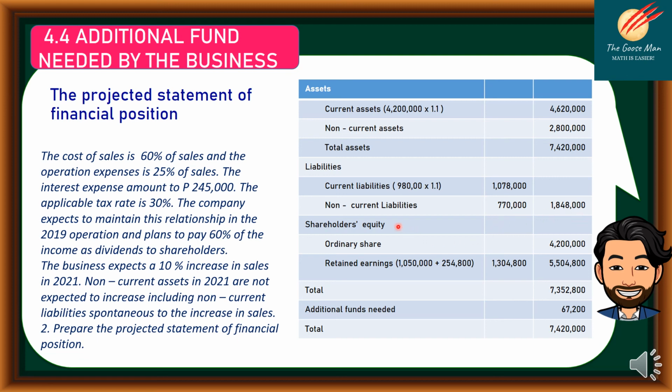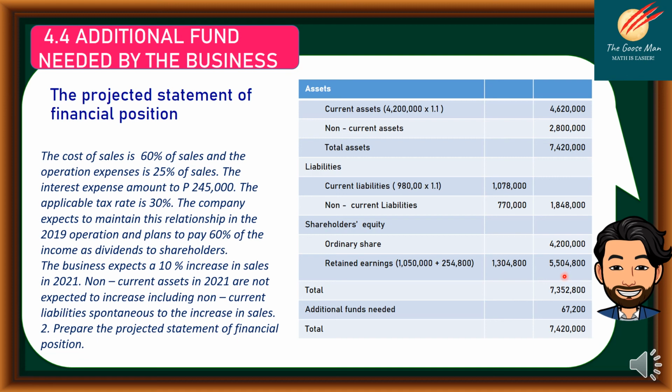Your equities are the following: your ordinary shares is 4.2 million, and the retained earnings is 1,050,000 plus 254,800. So the total is 1,304,800.